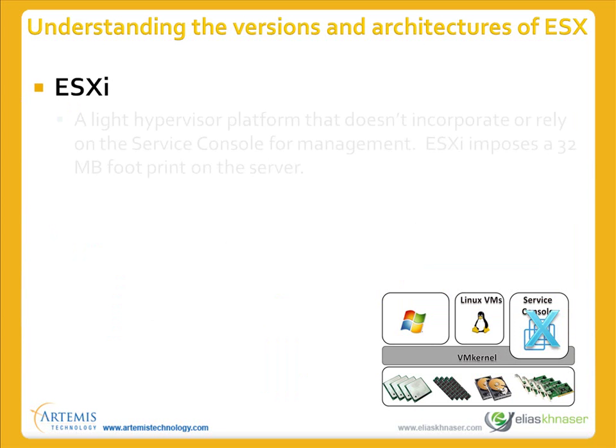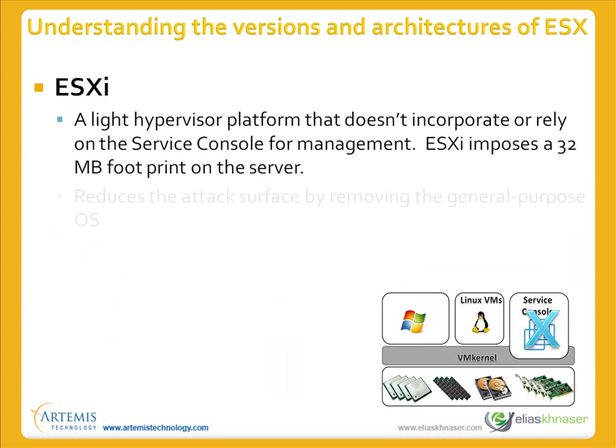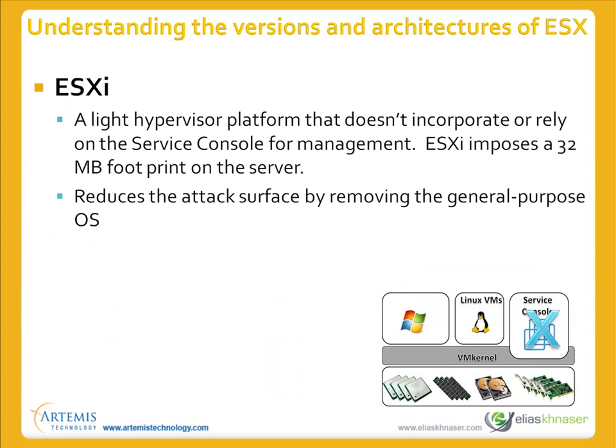Now let's talk about ESXi. What is ESXi and what's the difference between ESXi and ESX? ESXi is a much lighter version of ESX, and the reason for being so light is that it doesn't have a service console. ESXi is simply a 32 meg footprint, so it is extremely light.